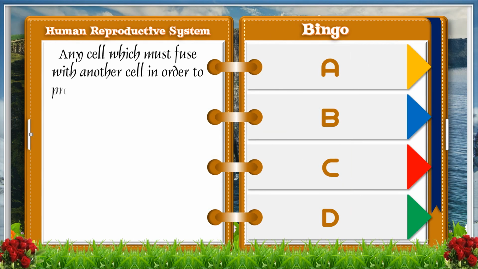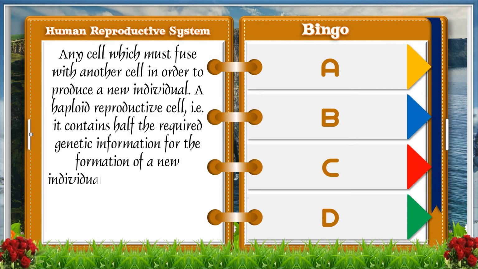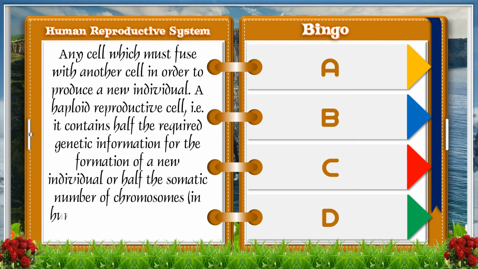Any cell which must fuse with another cell in order to produce a new individual. A haploid reproductive cell, i.e., it contains half the required genetic information for the formation of a new individual, or half the somatic number of chromosomes.